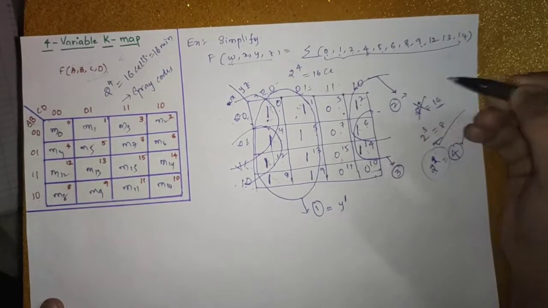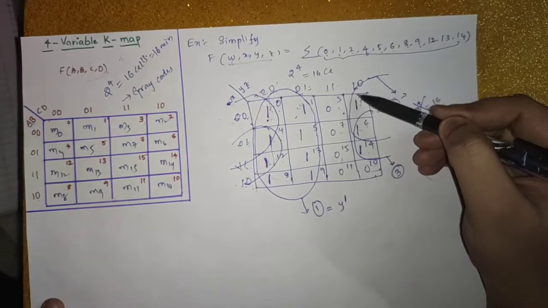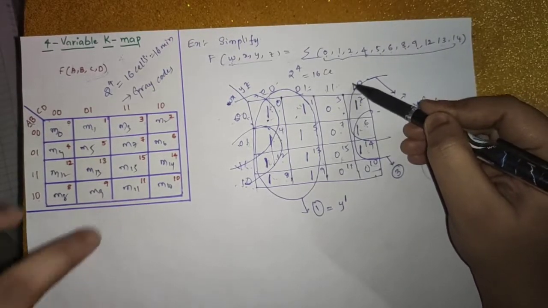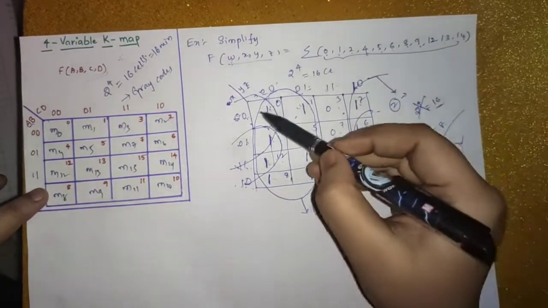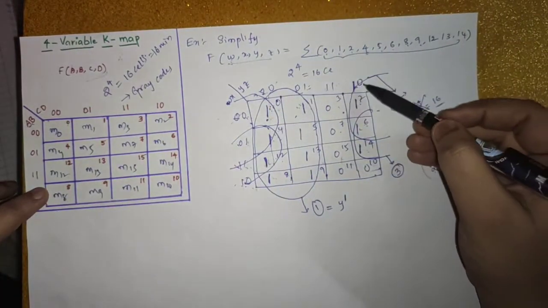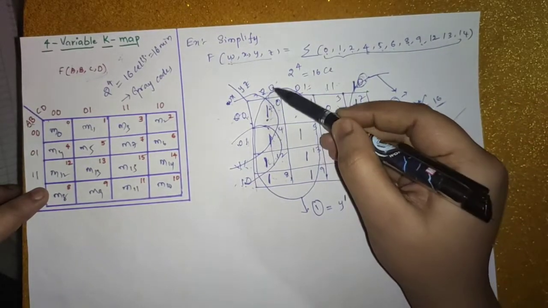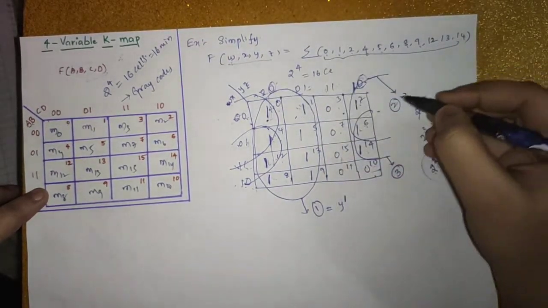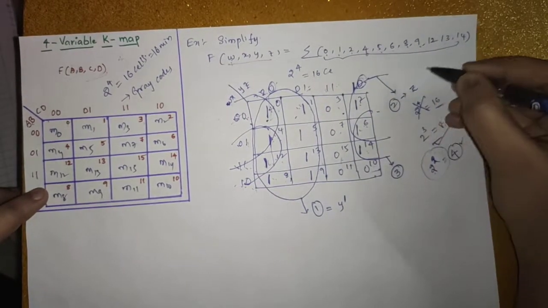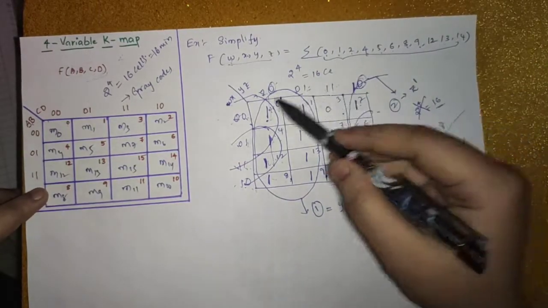For second loop, if you see these 2 ones and these 2 ones, in these columns the y value is 1 here, whereas in these 2 ones the y value is 0. It is varying, so ignore that. In this column z value is 0, in this column z value is 0, so z value is constant, write z. But what is the value of z? 0, so write z dash. So these columns are finished.